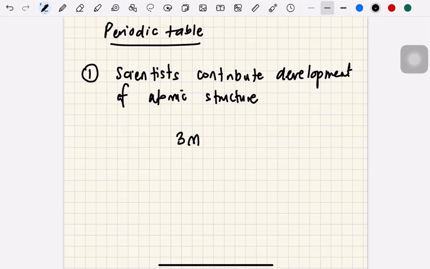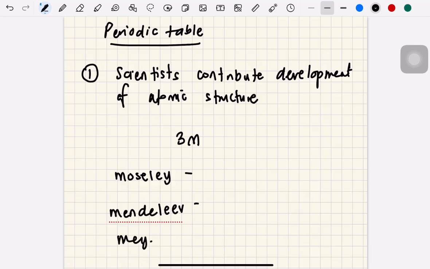Okay, 3M is what? First we have Moseley, and then we have Mendeleev, and then we have Mayer, right? So now just remember the keyword.